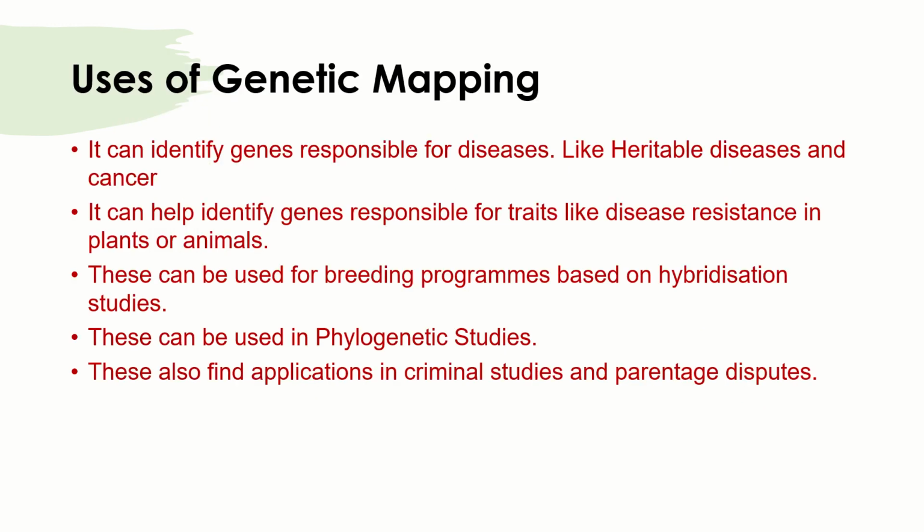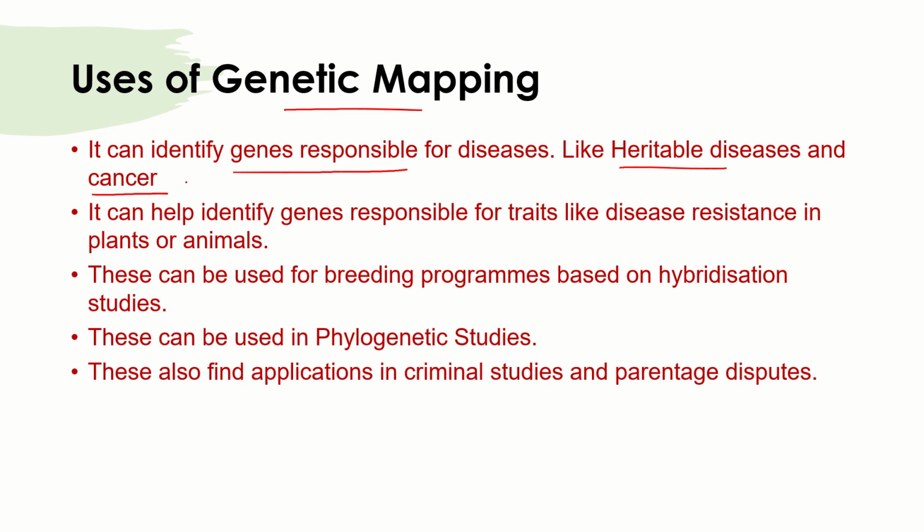So what are the overall uses of genetic maps, where do we use them? They can be used to identify genes responsible for particular diseases related to heredity, any kind of heritable diseases. For cancer also, because the genes which were not expressing earlier, called proto-oncogenes, can be identified, and it can be predicted in how many years or by what time a person may develop cancer.